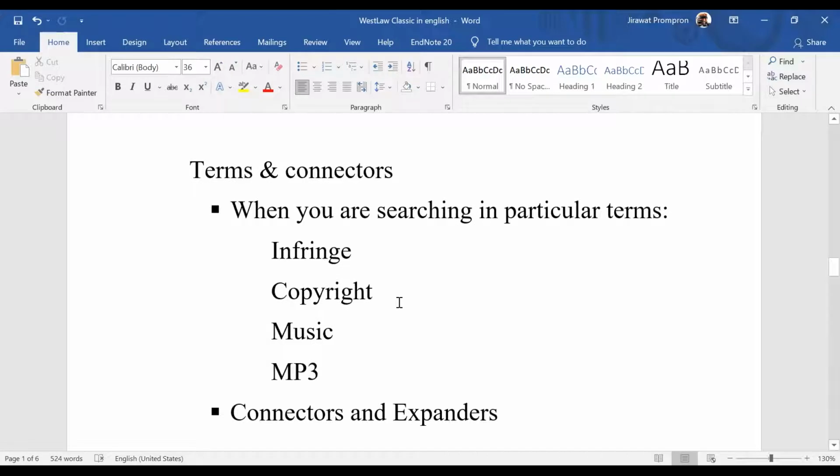Terms mean the legal terms, or, easier to understand, what we call the keyword search. So when you start searching a particular term, suppose you are doing intellectual property again, but your topic is about infringement. Infringement means, for example, you just bought an audio CD, and it belongs to you now.